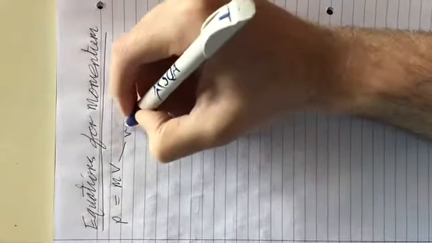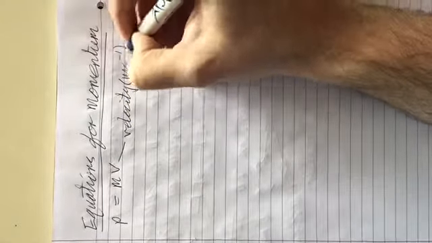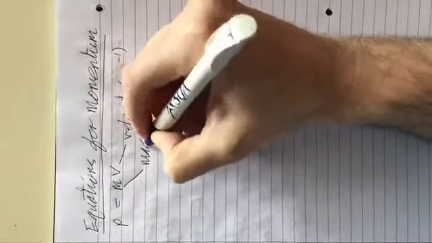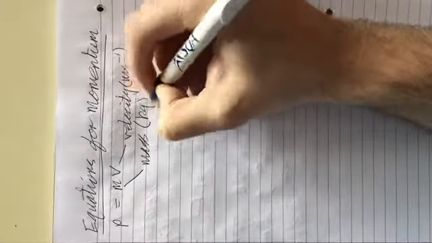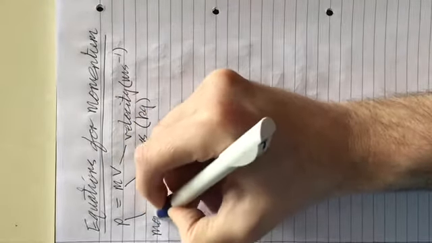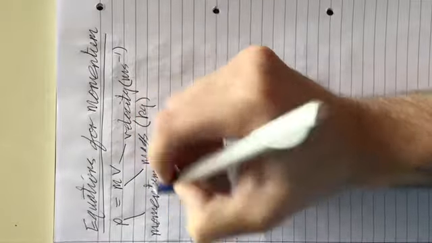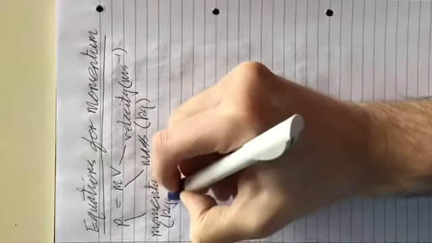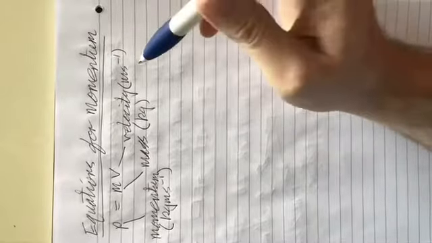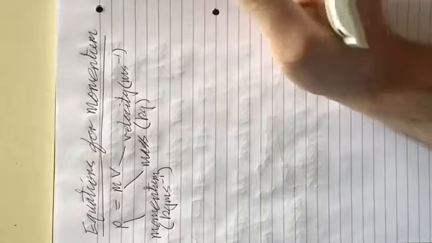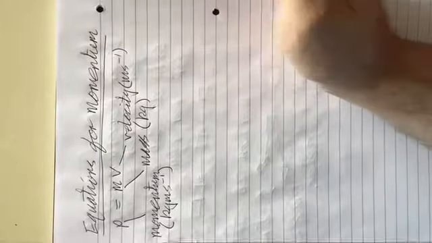So v is velocity in meters per second, m is mass in kilograms, and p, quite obviously, I mean, what else would you use as a symbol for momentum, is measured in kilograms meters per second. Please, please, please get this right. It's kilograms meters per second. It is not kilograms per meter per second. I've seen that written in exam papers so often and it's just wrong. So please get that right.